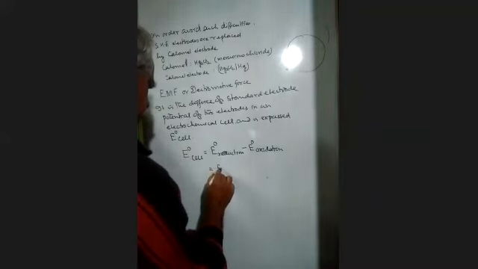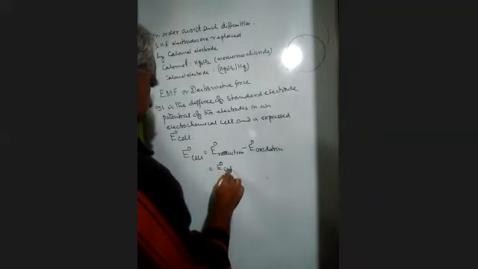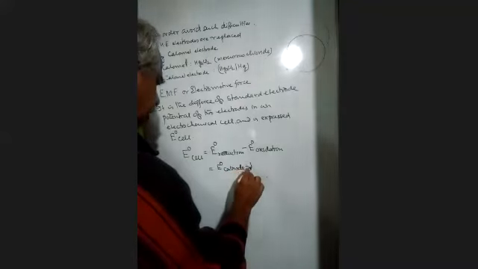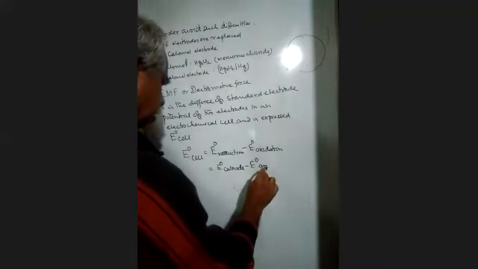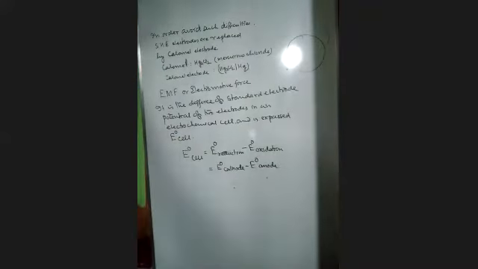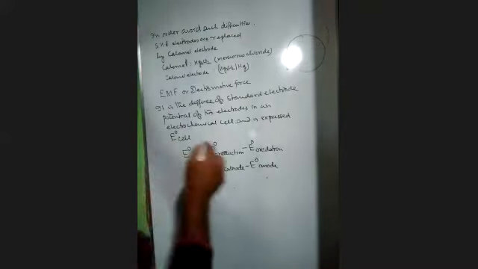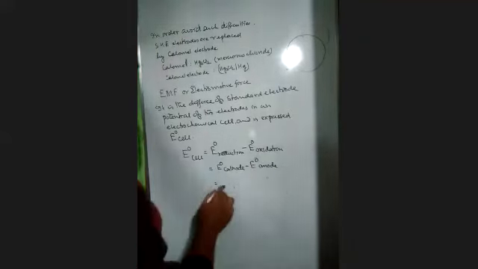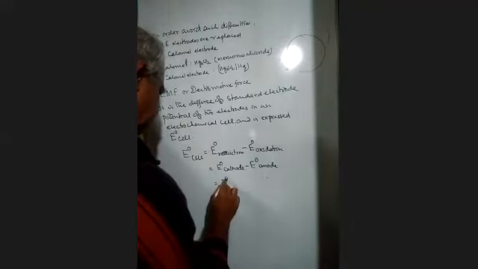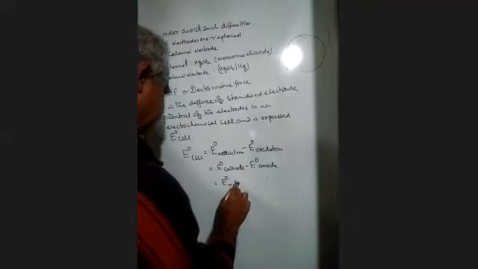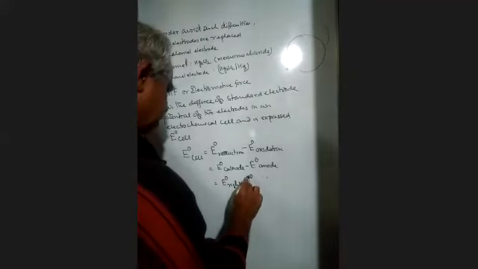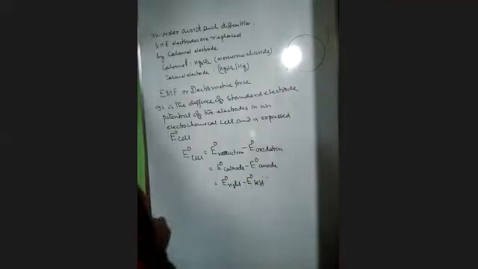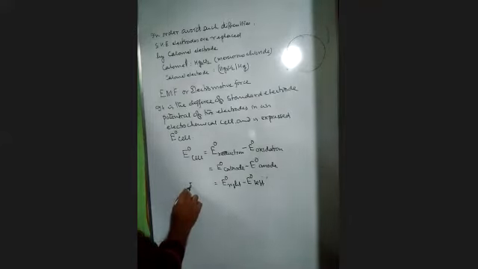Reduction takes place at the cathode. So we write here E0 cathode minus E0 anode. To make it more specific, suppose you forget, we always put the cathode on the right. So you can write E0 right minus E0 left. So this is the EMF.